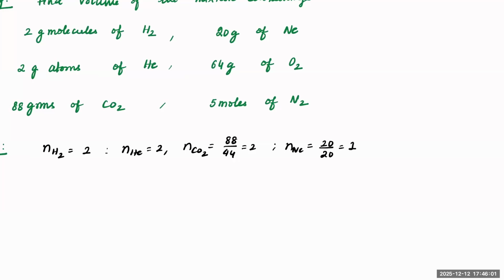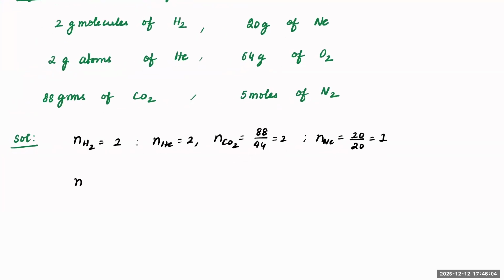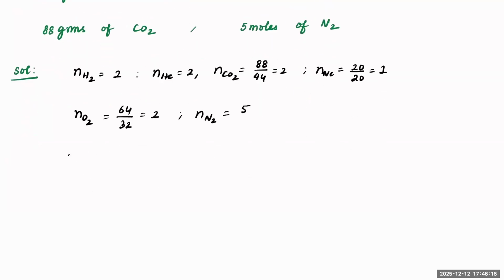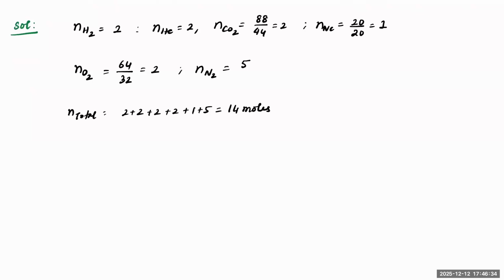Which is 1. And number of moles of O2, 64 by 32, which is again 2. Number of moles of nitrogen, which is 5 already given. So that makes total number of moles 2 plus 2 plus 2 plus 2 plus 1 plus 5. Right? So how much it is? 14 moles is what we have.